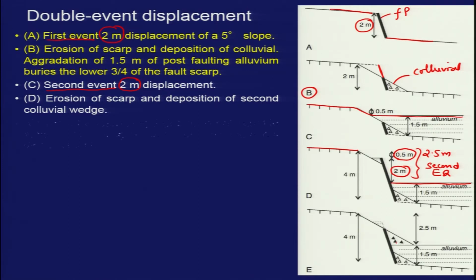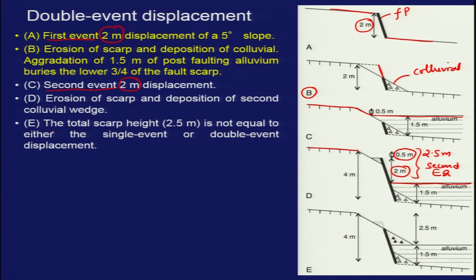Okay. So, E, what we see, what I was explaining here, is that the total scarp height is now 2.5 meter. So, this 2.5 meter total scarp height is not equal to either the single event or the double displacement.